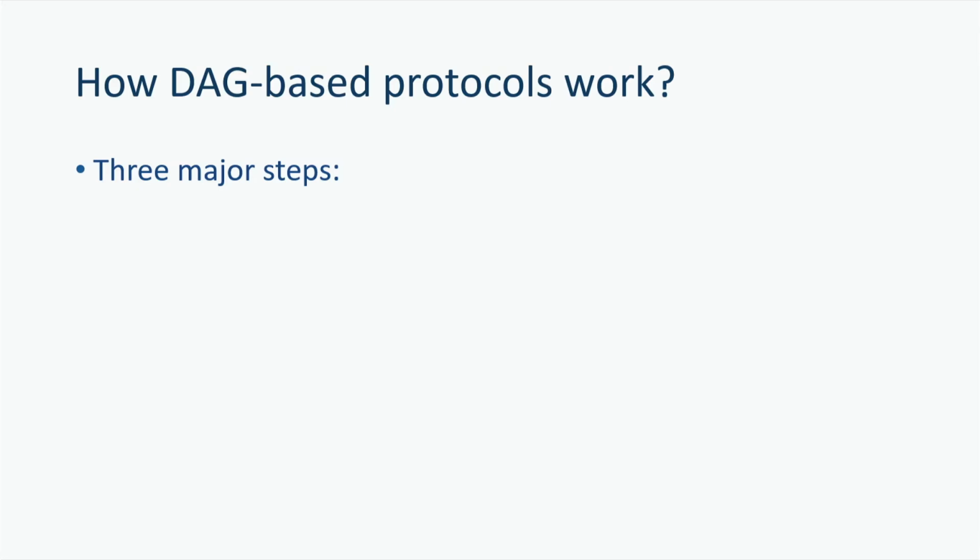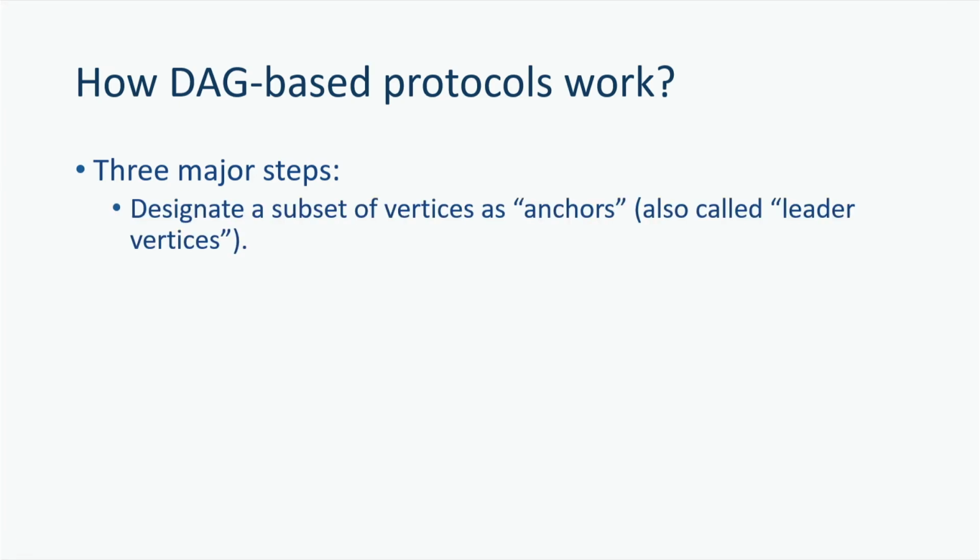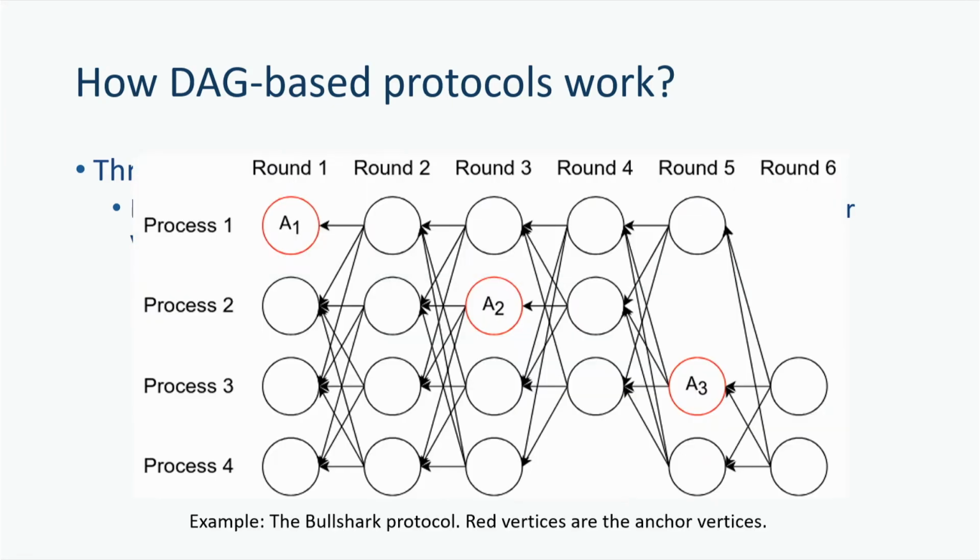Now, before I introduce the technical details, it's useful to first have a rough idea of how these DAG-based protocols work. They usually work through three major steps. The first step is to designate a subset of the DAG vertices as so-called anchors or leader vertices. And how this is designated is protocol dependent.